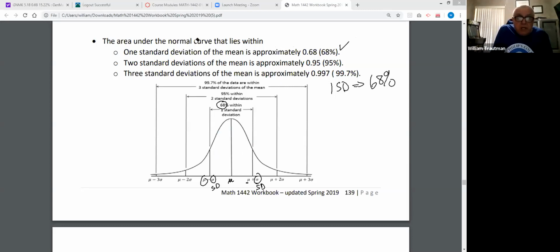So if one standard deviation to the left and right add up to 68%, what about just this area right here? How much does this add up to? What percentage is this shaded in? Anybody know?